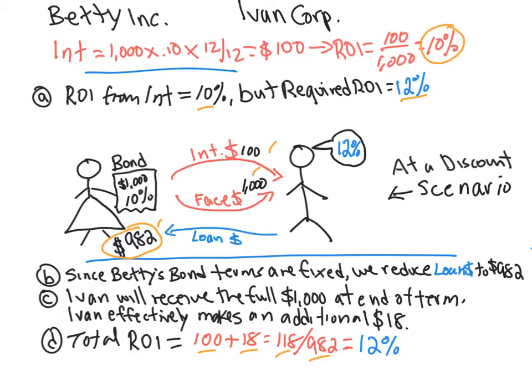That's the investment on this debt. So it is return on investment. So the return is $118 over $982, and that will give you the 12%. And that's how you make up for the 2%, through the additional 2% represented by the discount.